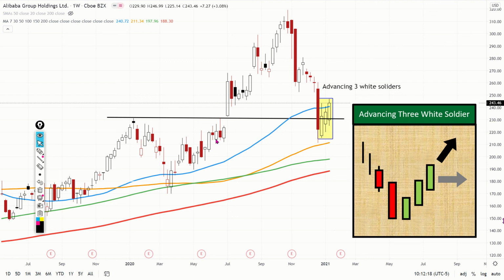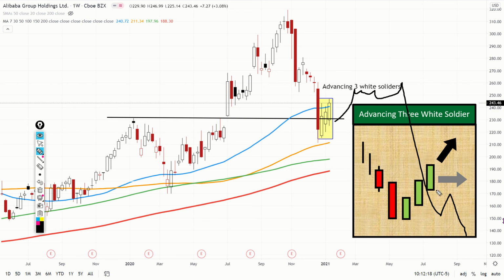This is on Alibaba, and this is actually a three white soldiers, or what we call advancing three white soldiers. This is where we start to see the trend continue. But unfortunately, after a huge sell-off, there's this government regulation. After some consolidation right here, Alibaba keeps selling downwards, even below the moving averages.